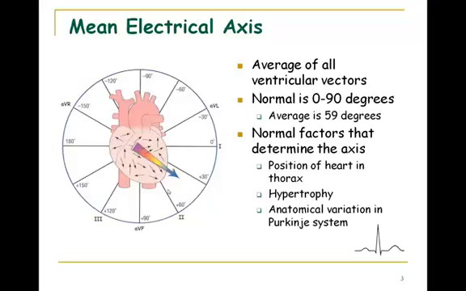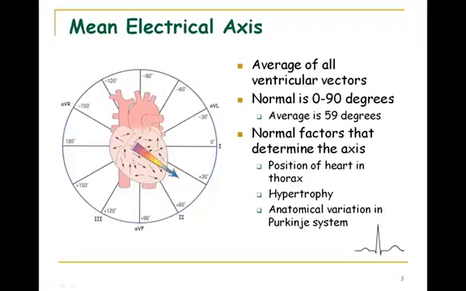So the first thing to know is what's considered normal. Normal is if you calculate someone's mean electrical axis and this vector is running anywhere from 0 to 90 degrees, that is perfectly acceptable. This incorporates a lot of different anatomical variations out in the population.